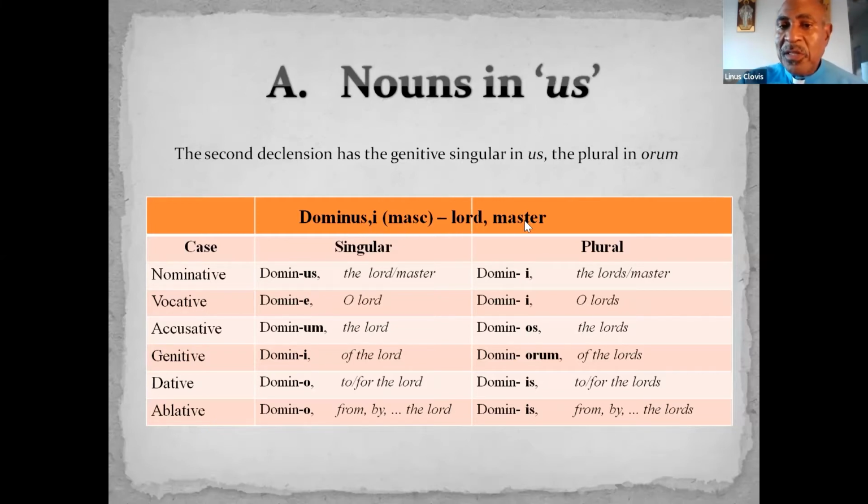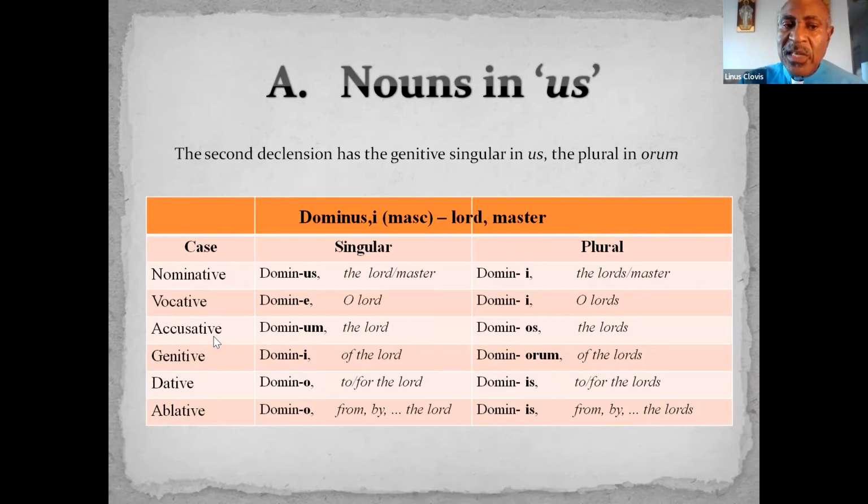So it's the Lord, the master, guy in charge, the boss, it's all of these. So we have the case, we have the nominative. The nominative, remember, is the subject. That's what the sentence is about. We have the vocative, where we're calling, we're addressing somebody. We have the accusative, which is an object case.